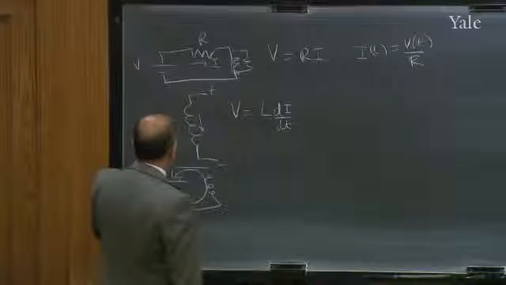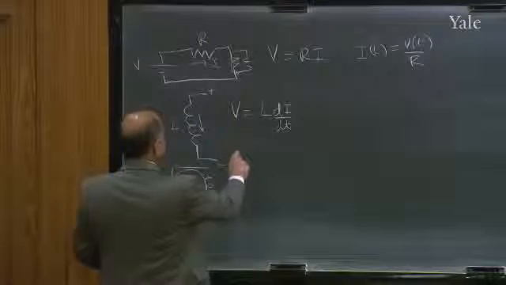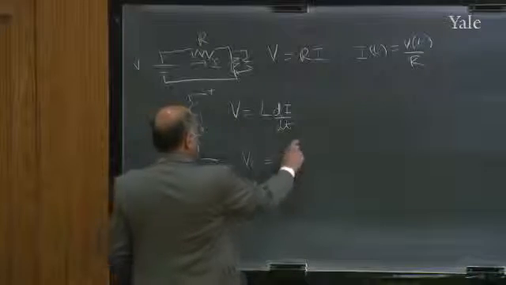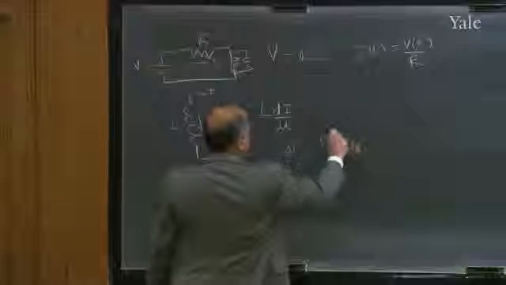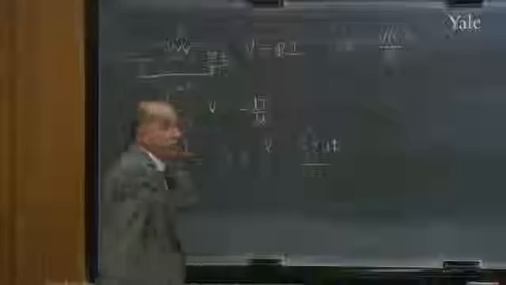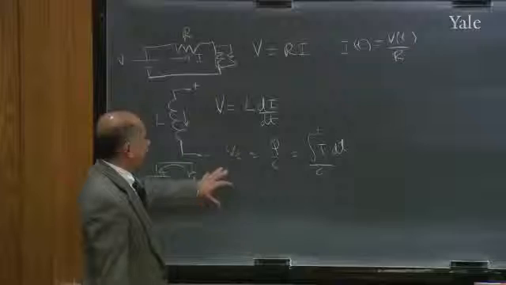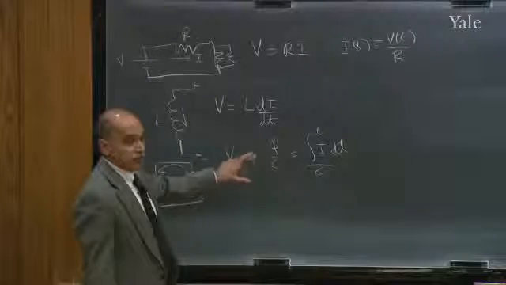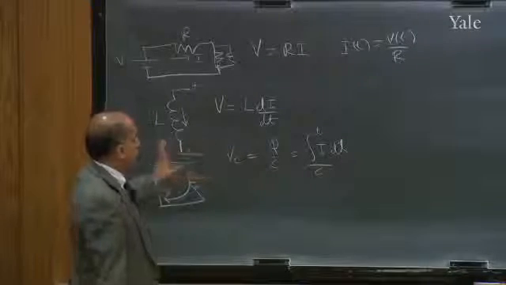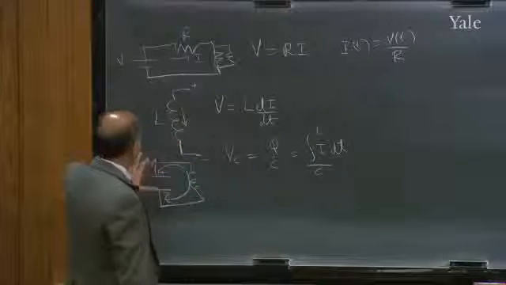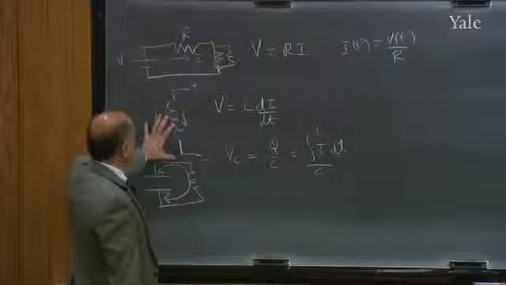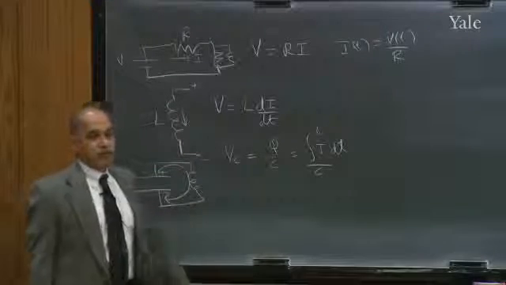One is the voltage across the capacitor is the charge on the capacitor divided by C, which, if you like, is the integral of the current up to that time divided by C. Again, calculus comes in. So these are the two differences. The relation between current and voltage involves either differentiating or integrating, and these are energy storing circuit elements compared to this one, where energy is dissipated.